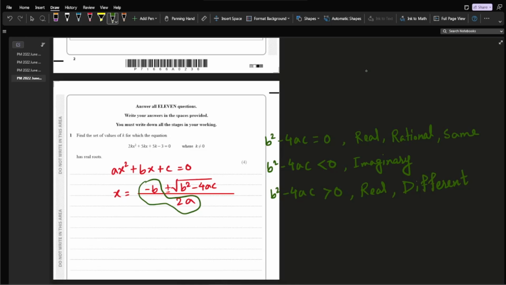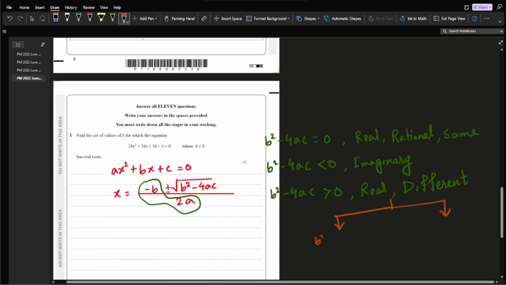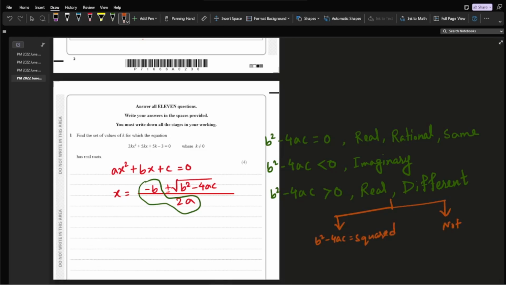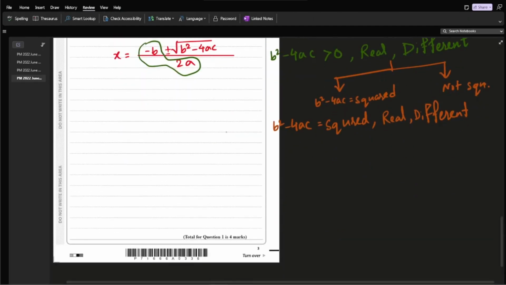Now when this happens, there are two scenarios. One is b squared minus 4ac is a squared number, and the other is that it is not a squared number. If b squared minus 4ac is a squared number, then roots are real, different, and rational.